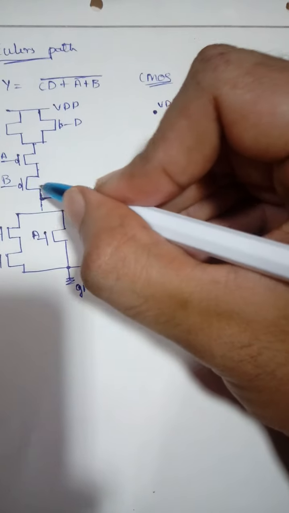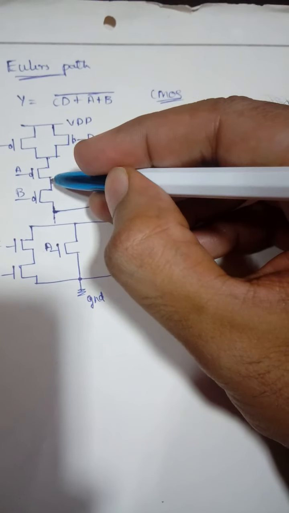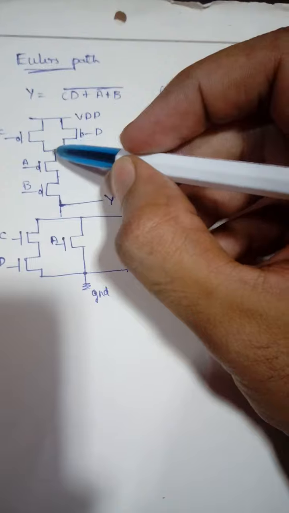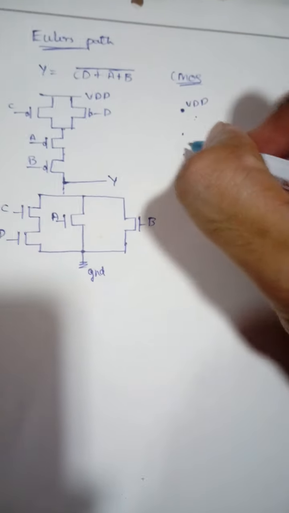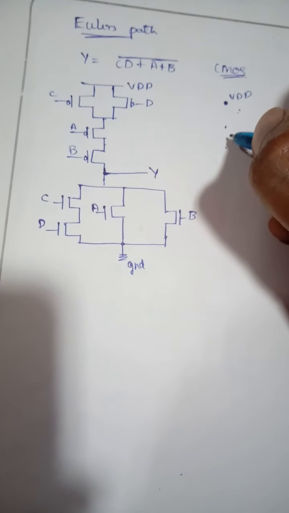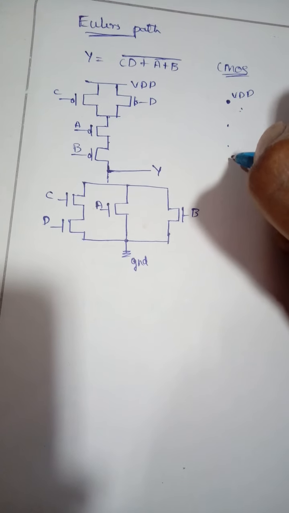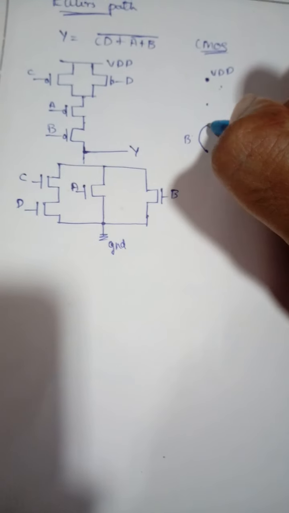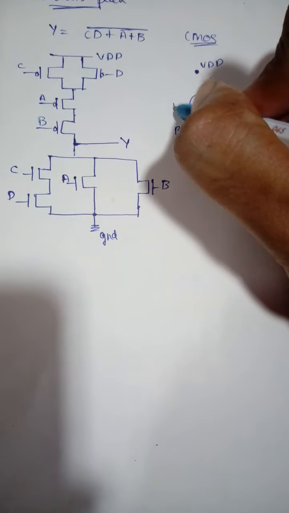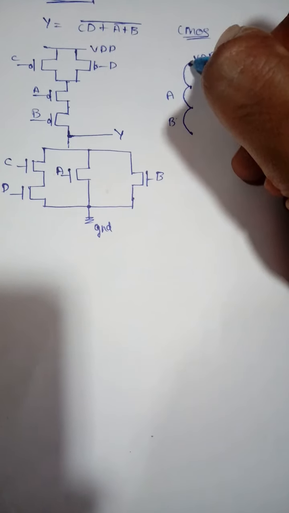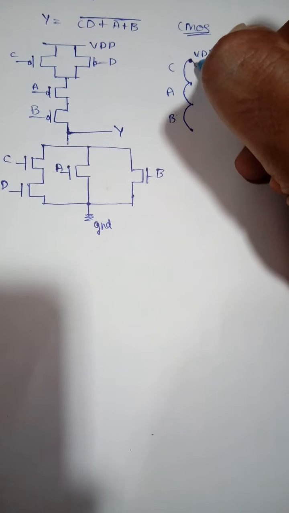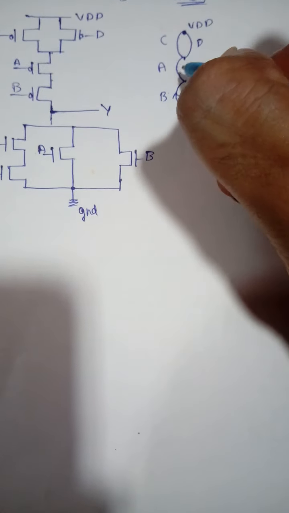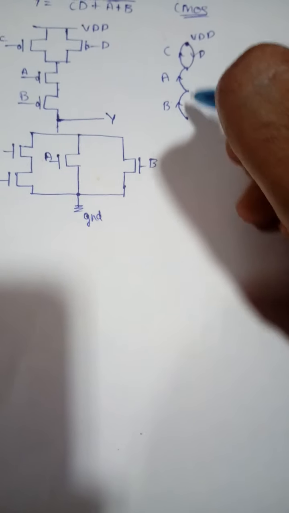So we can start with B. This transistor B has one path, A has one more path, then C and D. Four paths are there, right? So we will start with B. Then there is one more path A, there is one more path which we call C, and there is another path D. All are in one direction, so you can think it in this direction, right?